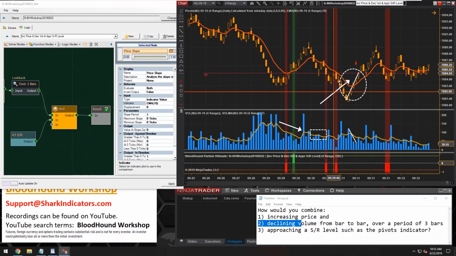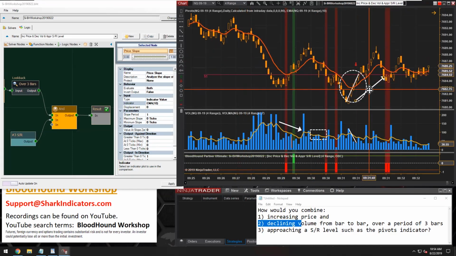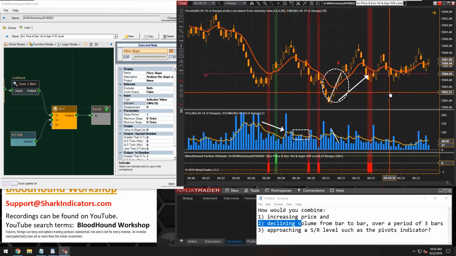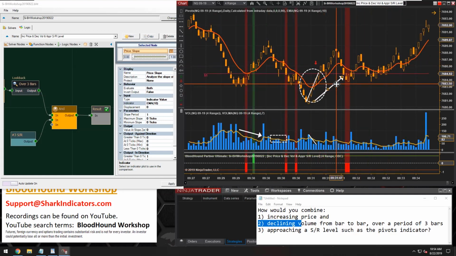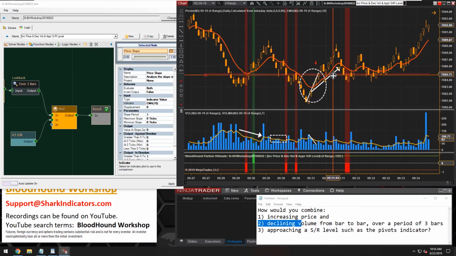Next, we'll add another solver that'll make sure that, prior to any signal, price has been on the, quote, correct side of the support resistance level. For example here, David's not looking for a short signal because price was above the level prior to that signal.